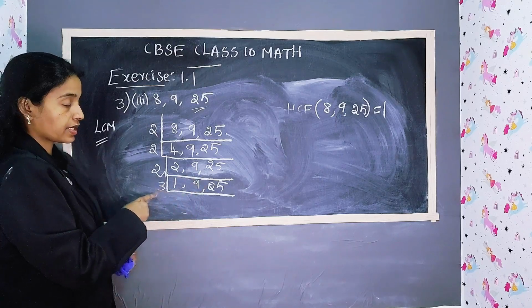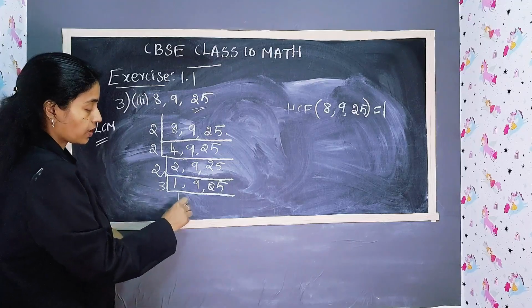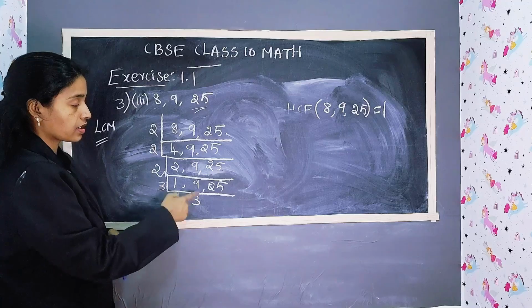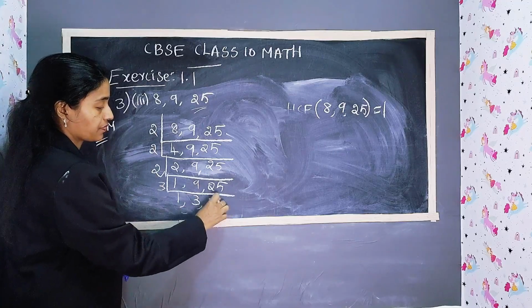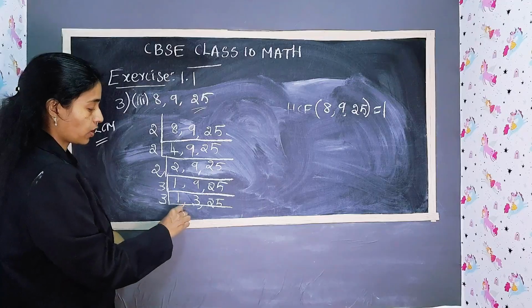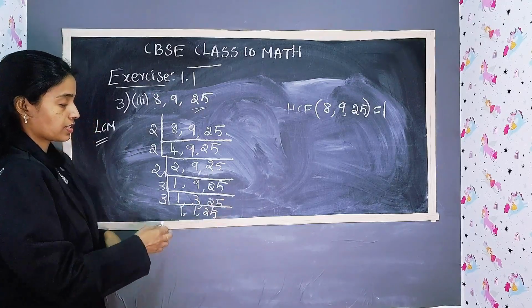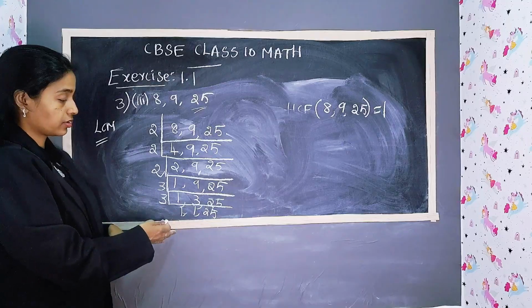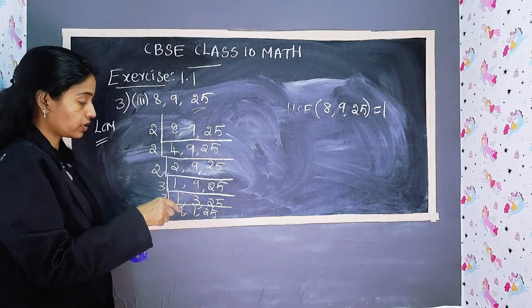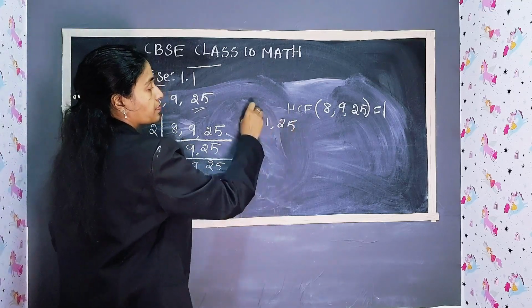So I am taking 3 as a prime factor. So 9 by 3, 3, right? 3 threes are 9. Then 25. Again, I can divide this 3 by 3. 1, 1, 25. Since I have no space here, I am going to write here, but you should continue the next step.